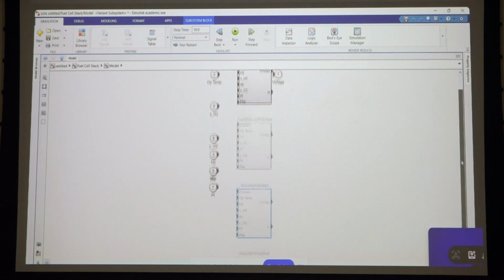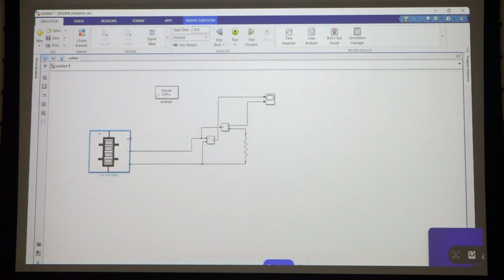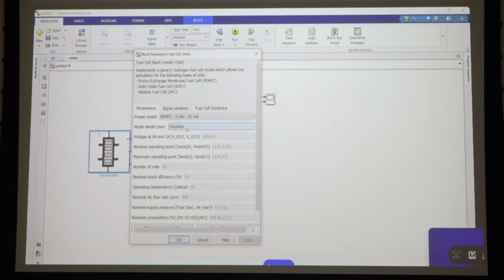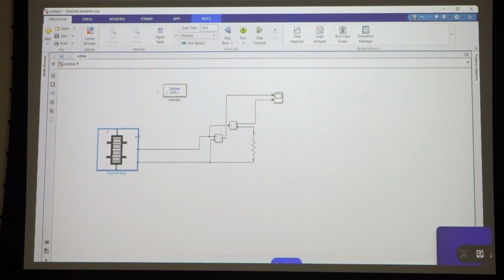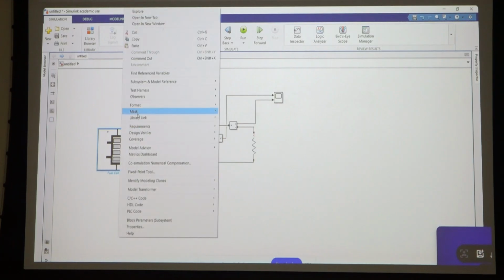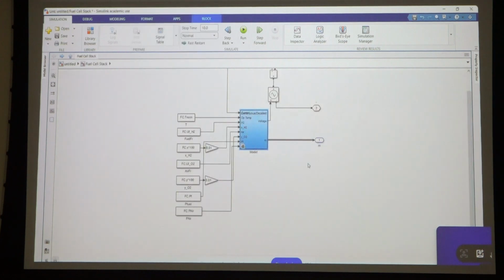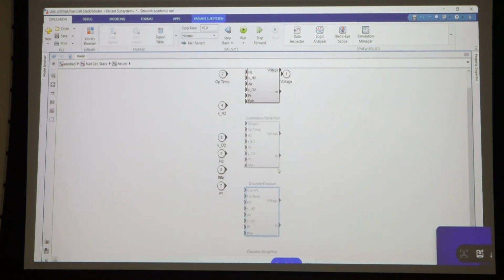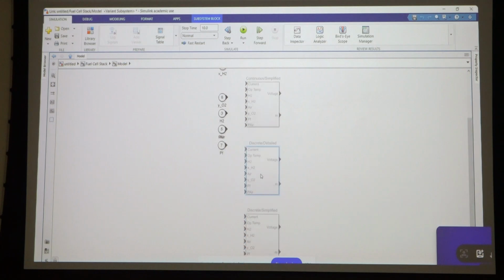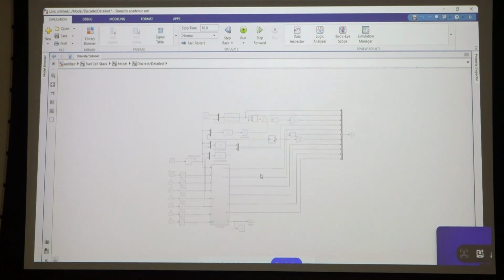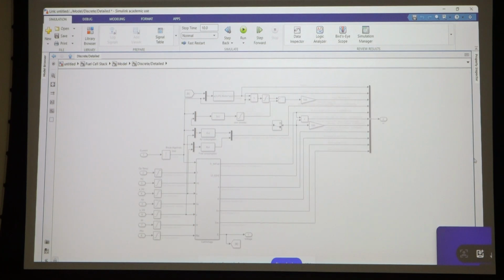For example, we are solving this model using discrete. If we click here, this is detail. Based on our input value here, they are using discrete detail, that means this one. If you click this one, you see these are all the inputs.